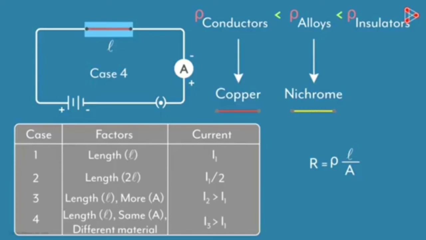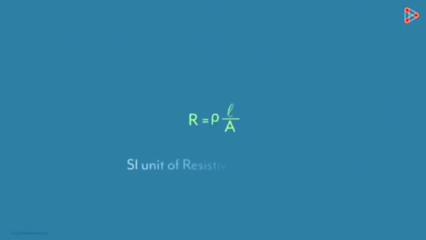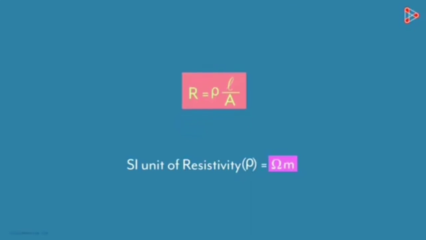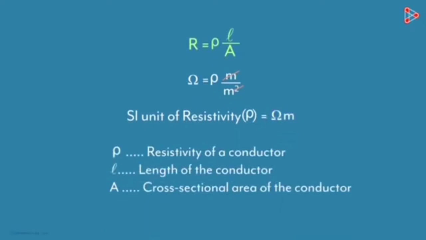So it explains that the resistance of a conductor varies as per the nature of the material. This is all to explain the factors affecting the resistance of a conductor experimentally, and the mathematical equation concluded is R equal to rho into L by A, where the specific resistance rho has the unit ohm meter. The SI unit of resistivity is ohm meter.